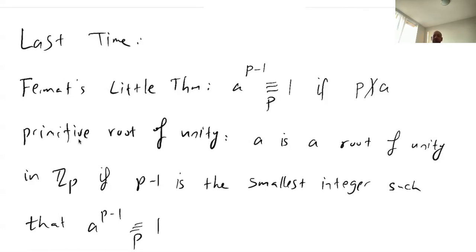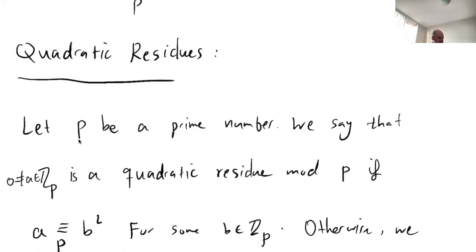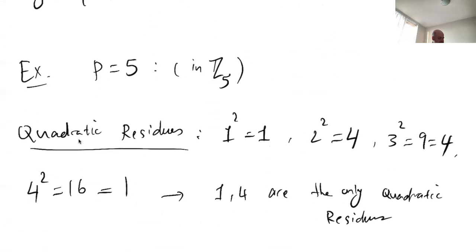Can we still say that in Z_p, if the square of a number is 1, then the number is 1 or minus 1? The answer is yes. I think we proved this last time with 2 different solutions. If you look at the last lecture notes, you'll see this fact.